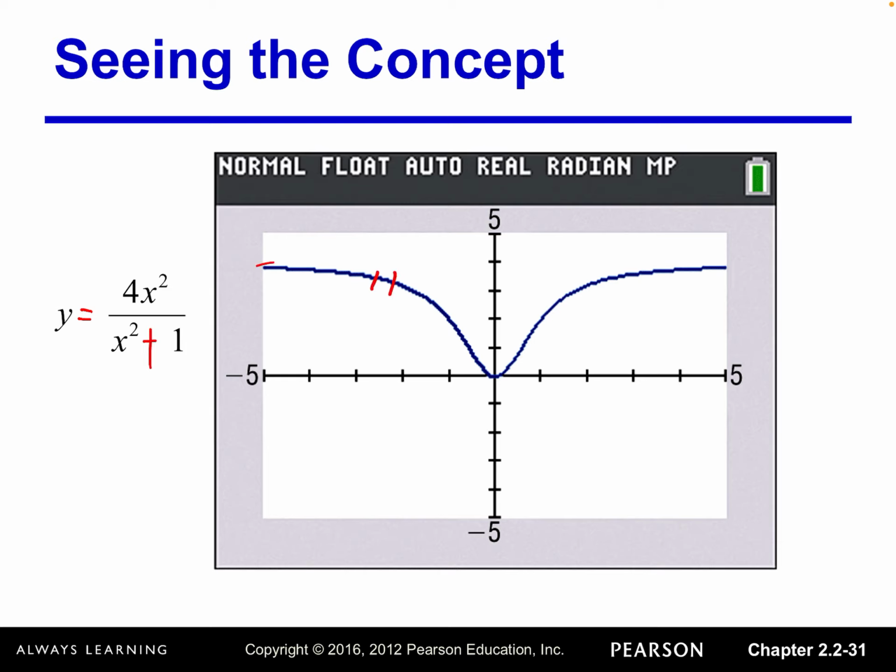The graph is symmetric with respect to the y-axis only. No symmetry with respect to the x-axis, and no symmetry with respect to the origin. So you can always use your graphing calculator to check whether the symmetry property you concluded is correct or not.